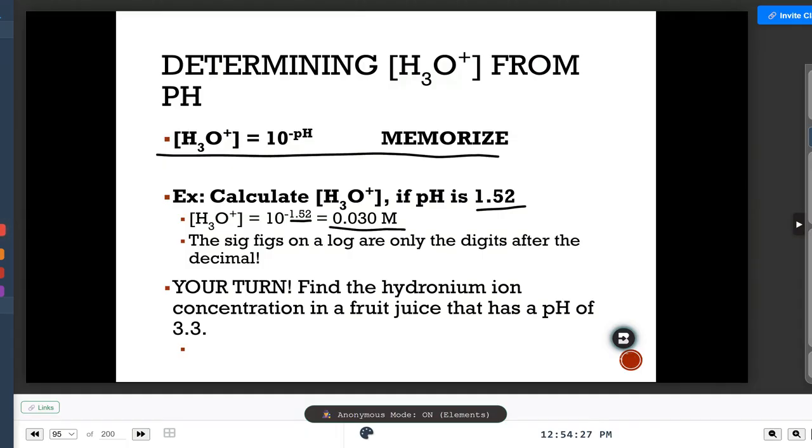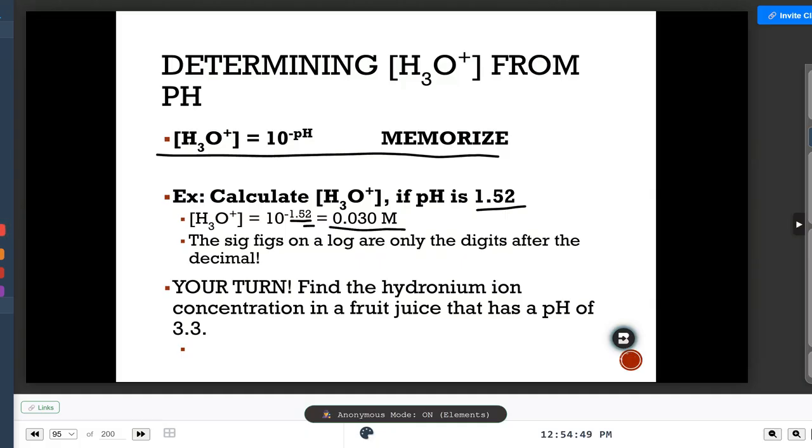Okay. Now, when we do sig figs on logs, they're only the digits after the decimal. So in this case, we're only paying attention to the 0.52. We have 2 digits, and so that's all we're paying attention to. I'm not going to pay attention to your sig figs on these types of problems.